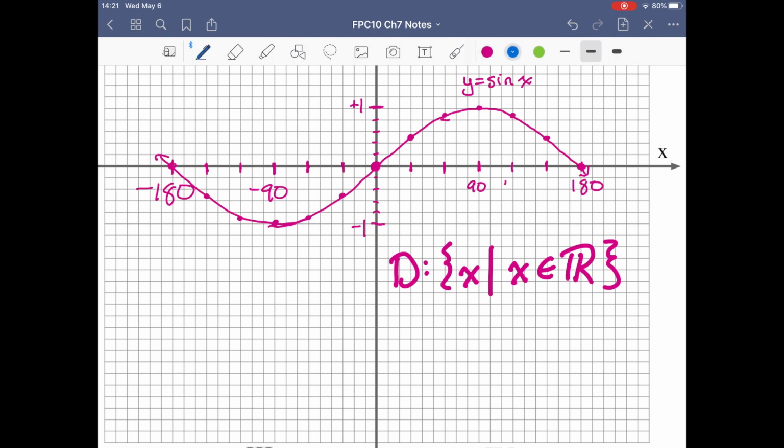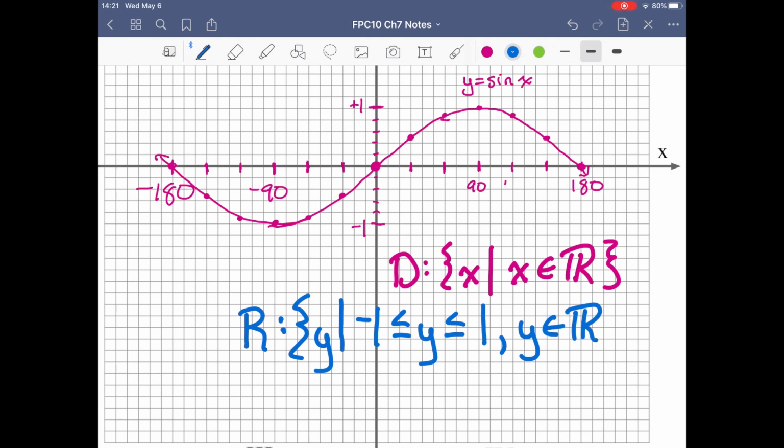So our range, it's our y value, such that our smallest is -1, and it can be -1, and it goes up to +1, and y is any element of the real numbers. So there we have our domain and our range for this trig function.